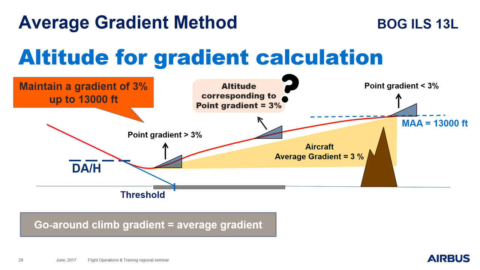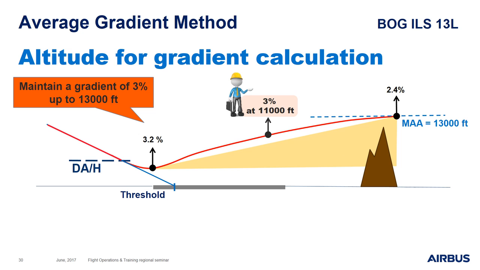For specific airports like Bogota, it's the job of the performance engineer to determine and communicate this information and this altitude to the flight crew. In Bogota, in order to simulate an average gradient of 3%, we must consider a 3% point gradient at 11,000 feet.